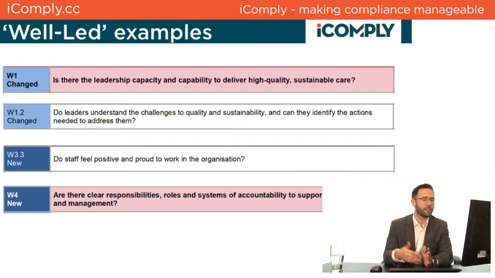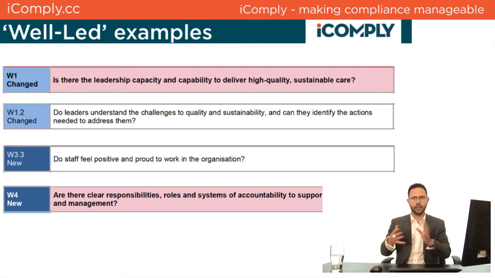In order to identify what's going wrong and fix it, you need a decent governance system, be it iComply or another system, but you need a system that makes sure you don't miss anything and you identify the problems and you can deal with them. Which is a lot more about the well-led key line of inquiry. A lot more of what they're looking at now is your systems, your governance systems, your policies, your procedures, your actual system to make sure that everything stays up to date and you don't miss things and you deal with anything that goes wrong.